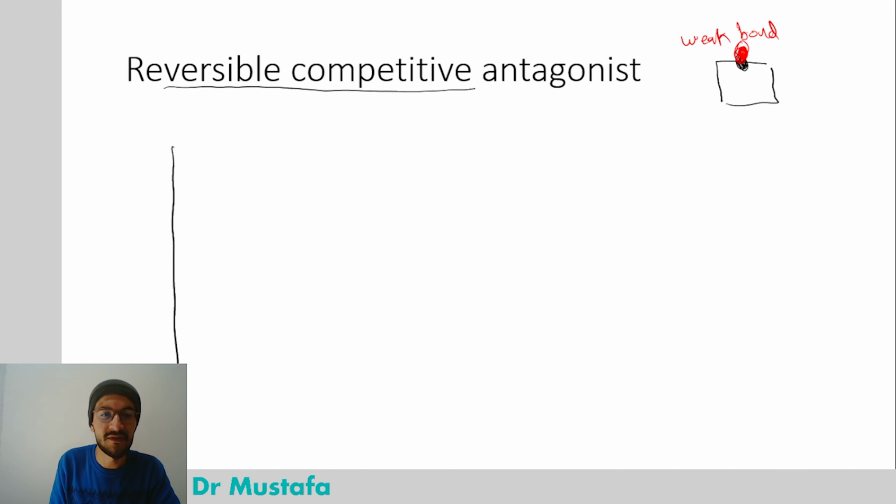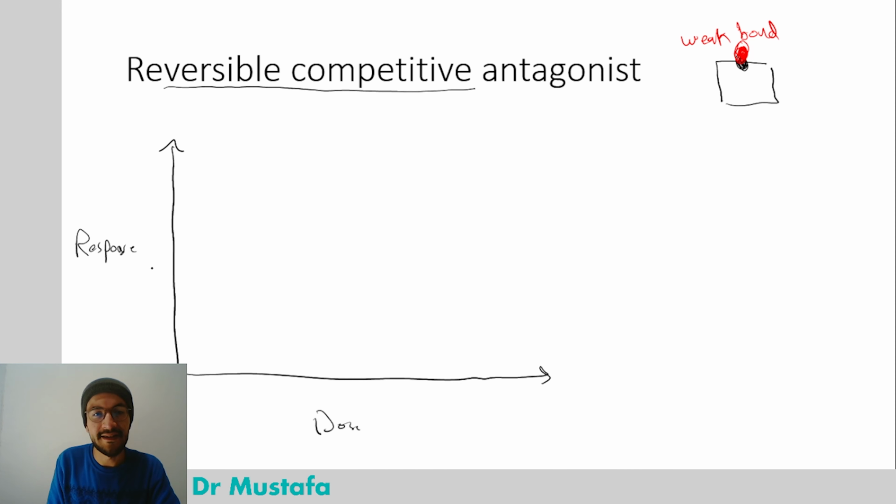So we have the dose response curve. We have the response on the vertical axis and the dose on the horizontal axis. And let's start by drawing the curve of the agonist alone.